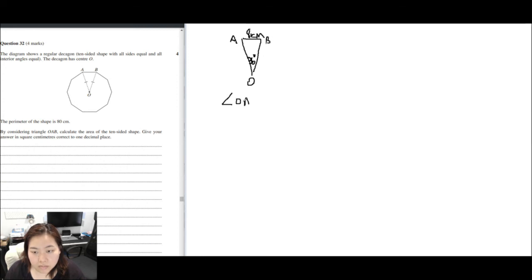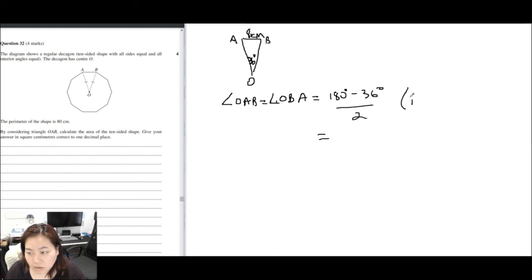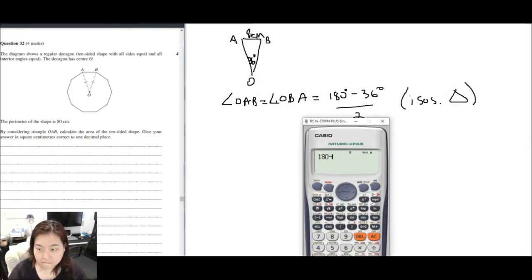Angle OAB will equal angle OBA because it's an isosceles triangle, which equals 180 degrees minus 36 degrees, divided by 2. Isosceles triangle. 72 degrees.